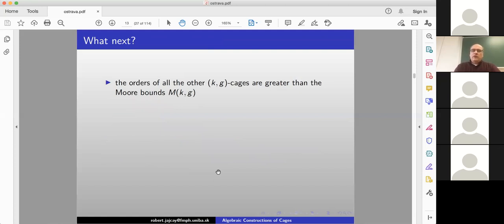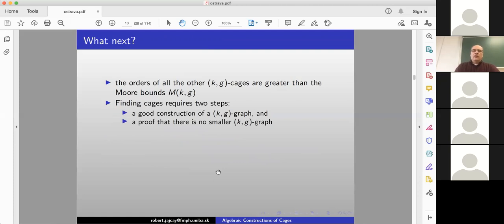So for most pairs K and G, all you know is that your graph has to have more vertices than the Moore bound, okay? And so finding cages, once again, this is a real problem. We have a class of graphs, and we're looking for one that has the least number of vertices.